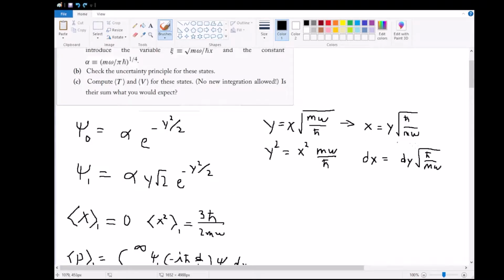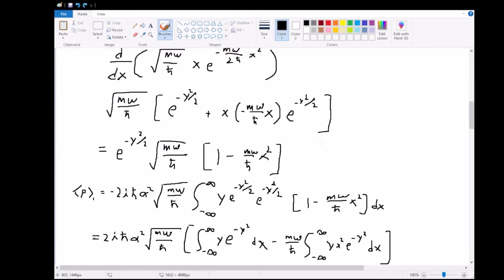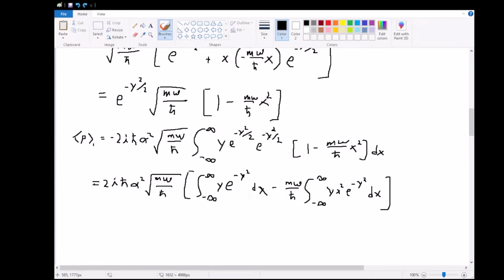So every x and dx term contributes this factor of square root of h bar over m omega. So in this case, there's exactly 1. In this case, there's 3.